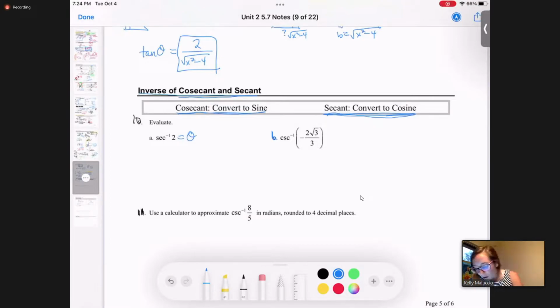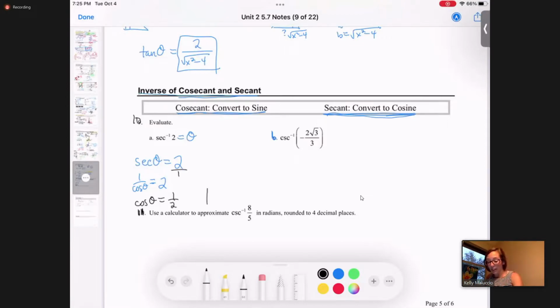So for part A, I know this equals an angle. So if I want to rewrite this as secant theta equals 2, that's what's happening, right? And then I would say, okay, secant is 1 over cosine equals 2, right? Sorry, I had to think about that for way too long. And so now I could flip it, this is 2 over 1, and say cosine theta equals 1/2.